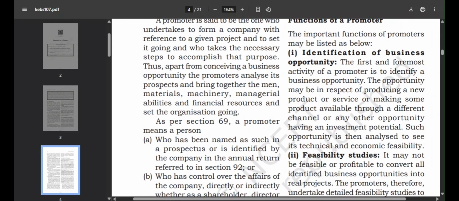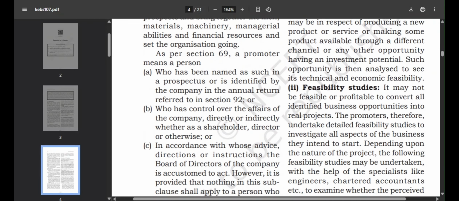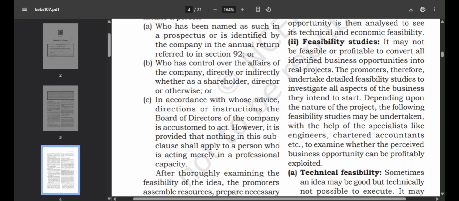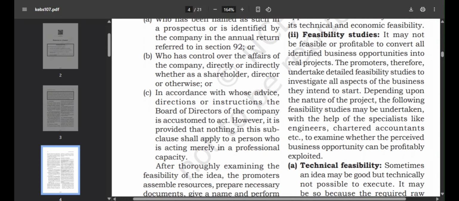Okay. Second function is your feasibility study. Under this we are mainly going to see three types of feasibility studies. Always it is not possible or it's not feasible to convert all the business opportunities into real projects. Whenever we think of a business opportunity, we have to see if it's feasible.